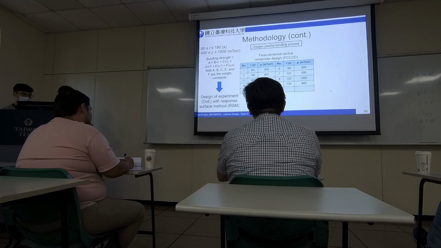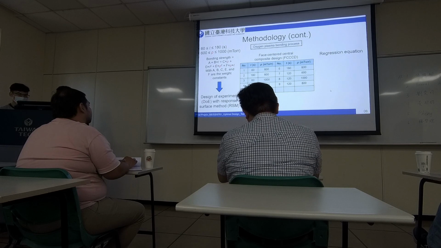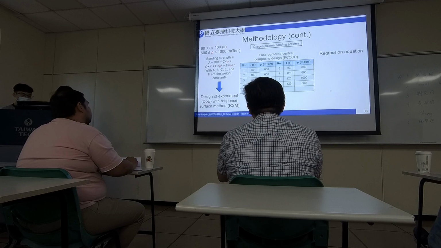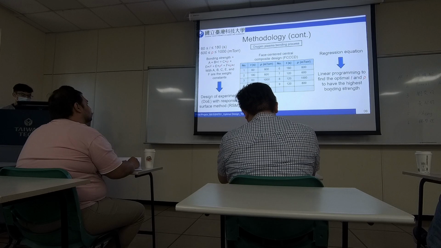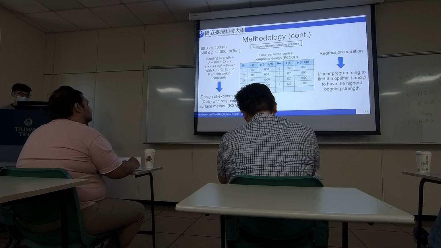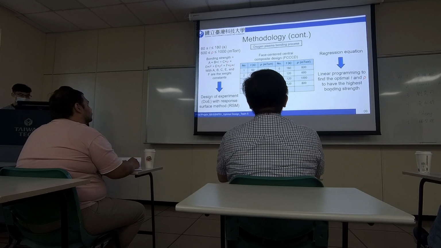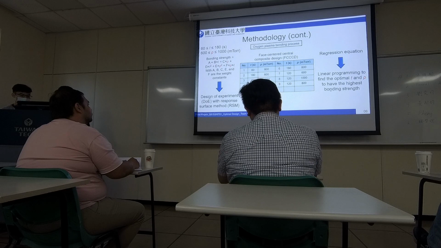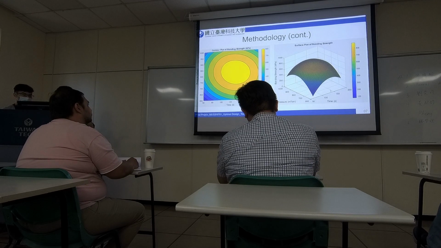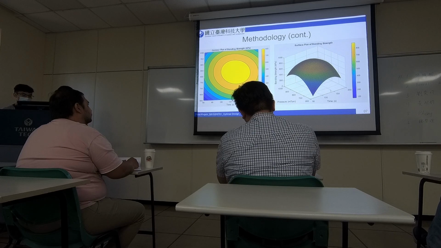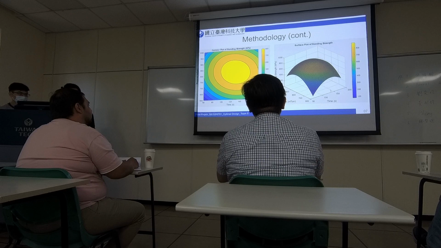Then we use that data to obtain the regression equation, and based on that and the actual values of the weight constants, we use linear programming or convex programming to find the optimal T and P with the highest bonding strength. We suppose that function will have a contour plot and a surface plot that look something like this, and we will try to do this. Thank you.